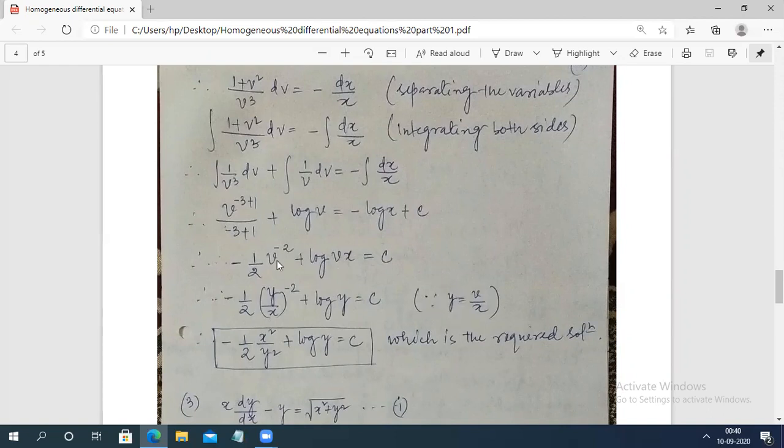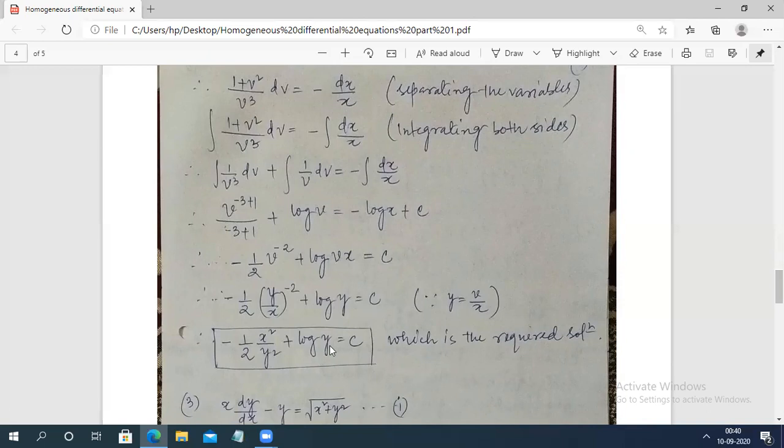So write in place of v, y by x: y by x raised to the power minus 2 plus log v, in place of v we will write y by x, so x and x will get cancelled out and we will remain with the term log of y is equal to c.